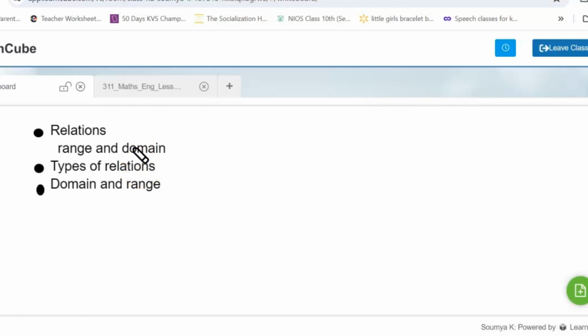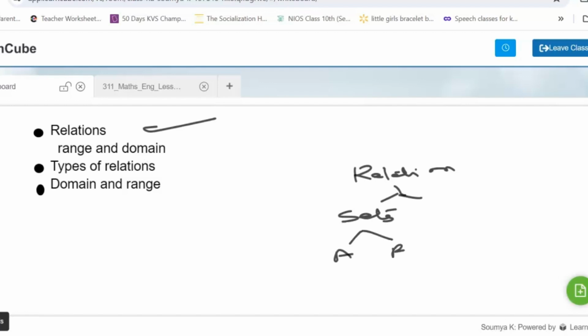So the first topic is relations. What is a relation? So in maths you have relation, which is a relationship between two sets. So the word meaning of relation is having connection with someone in some form. So the same way when it comes to mathematics, you have got sets.